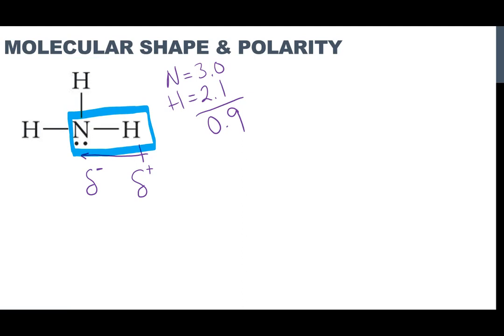Then we would do this for each of our other bonds, so we would isolate this bond and look at the dipole moment, and isolate this bond and look at the dipole moment. All of those are hydrogen-nitrogen bonds, so all of them have a dipole moment.